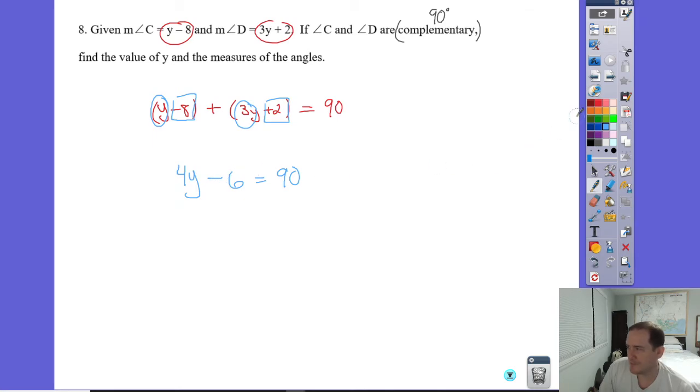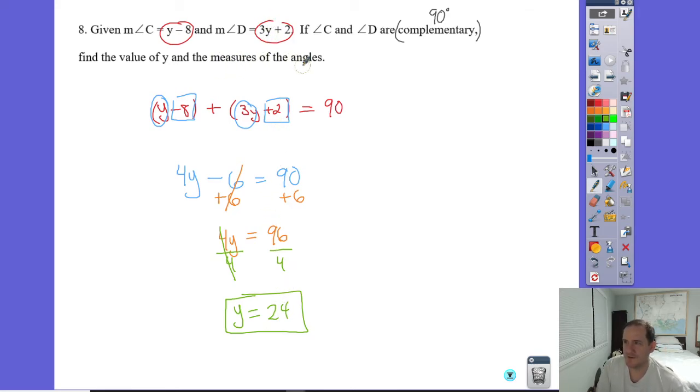Now to keep solving, to get y alone, I'm going to get rid of the 6 by adding 6. They cancel, and I get 4y equals 96. And now, to get y alone, I just have to get rid of the 4, by dividing by 4. So those cancel. I get y equals 24.